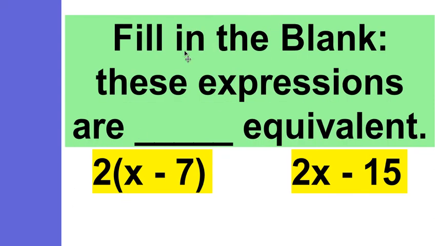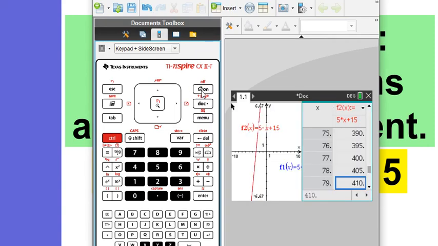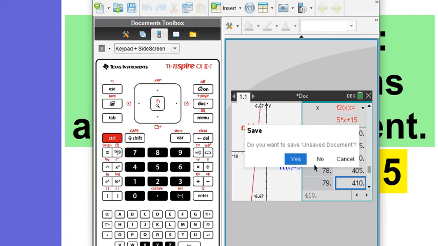Okay, the next question, fill in the blank. These expressions are equivalent. So again, I'm going to go back to my graphing calculator, home screen, new document, say no to drugs.